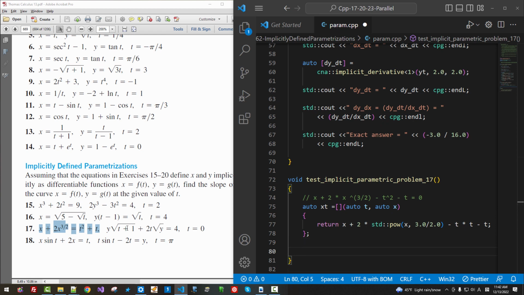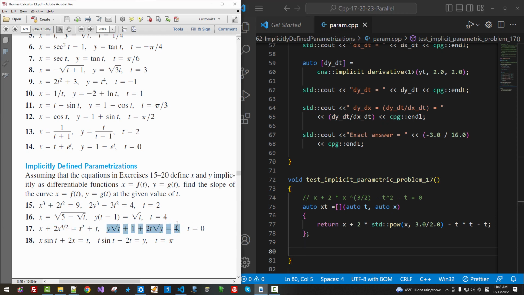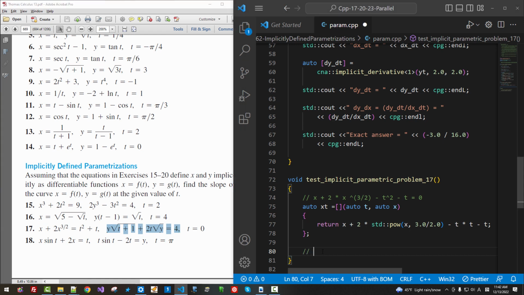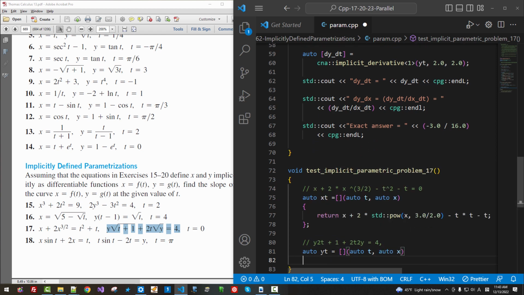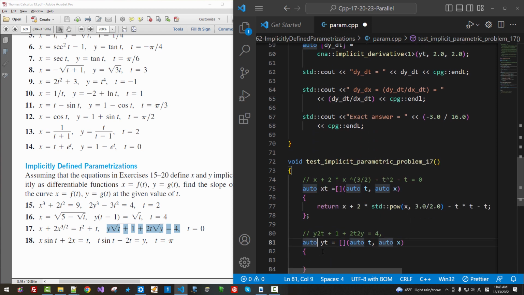Now we define this function. Auto yt, auto t, auto x. This is y times STD square root of t plus 1 plus 2 times t square root y.